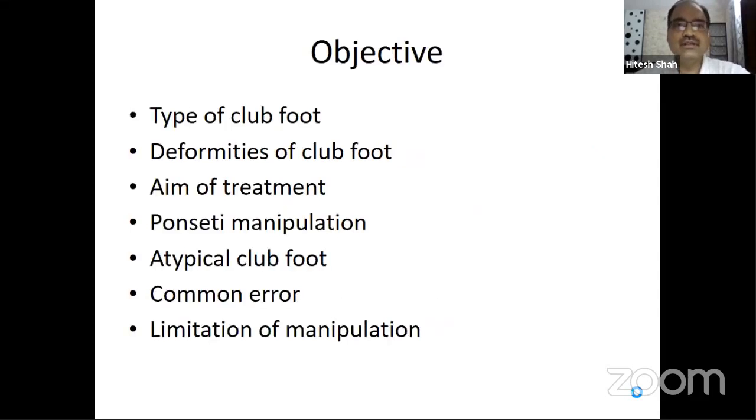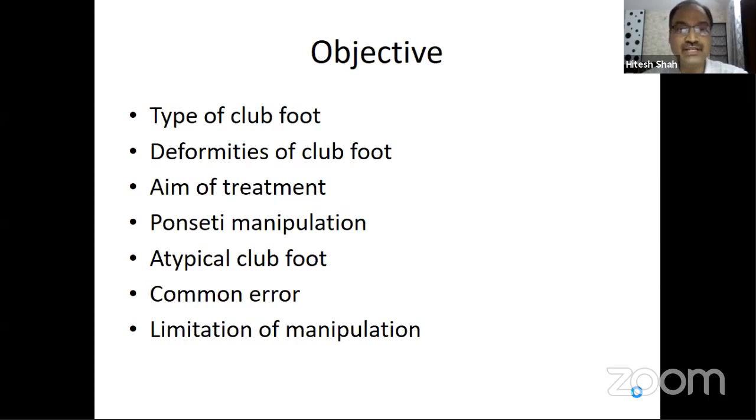So I'm going to cover a few parts in my talk. Important is the type of clubfoot; all clubfeet are not the same. We need to identify the clubfoot types, the various deformities and their simplification, and how to identify the hindfoot deformity and the forefoot deformity. What is the primary goal of treating clubfoot? A few technical details of the Ponseti manipulation.